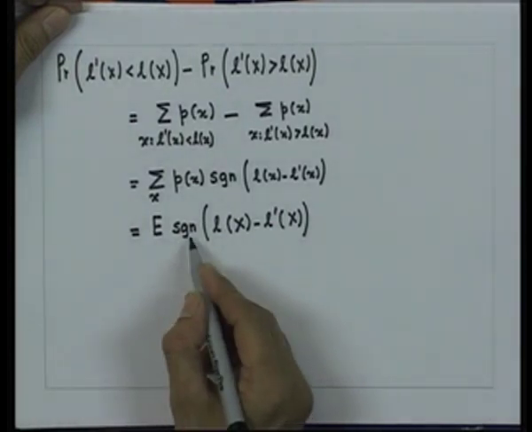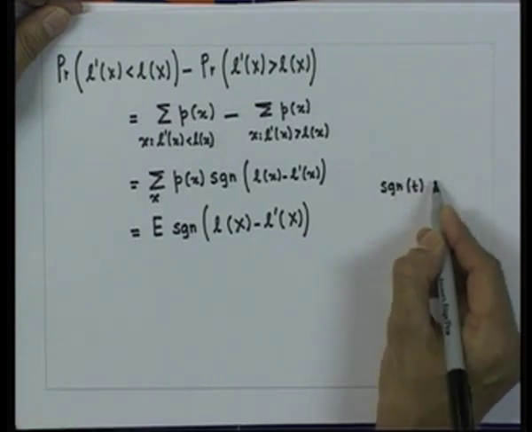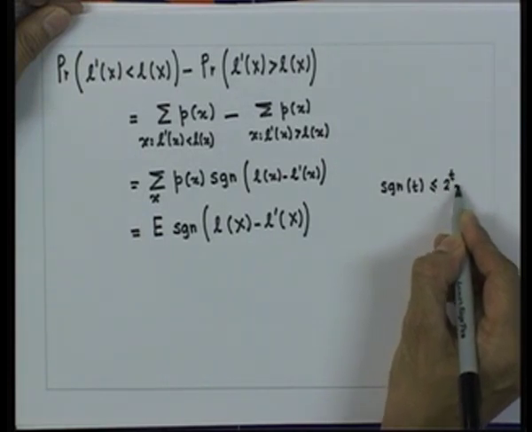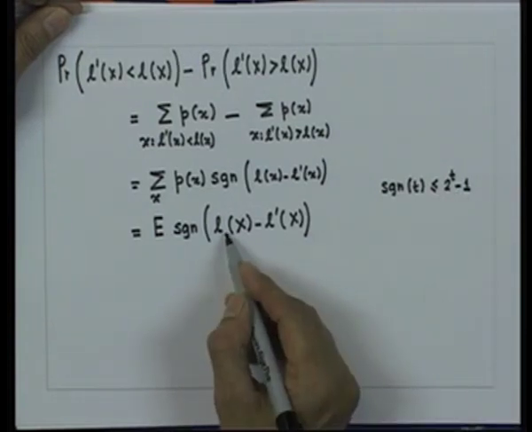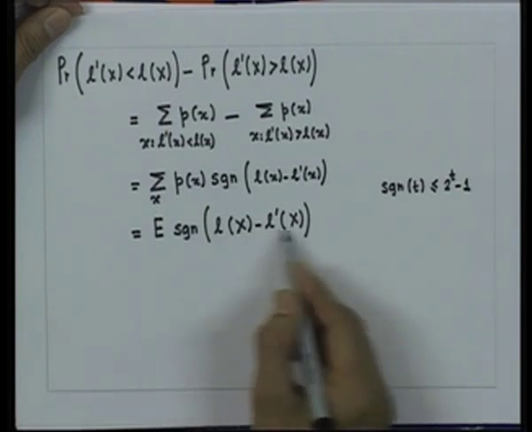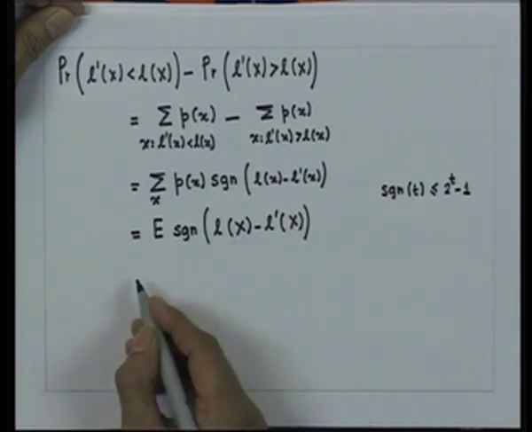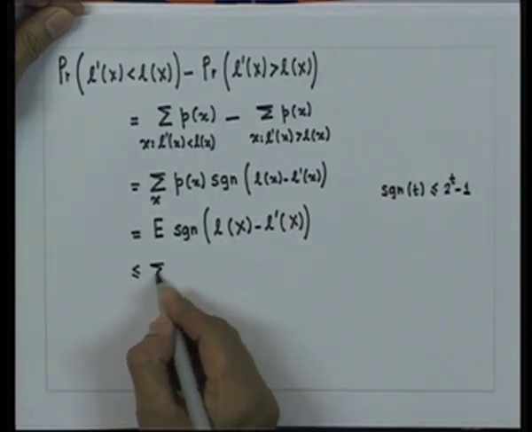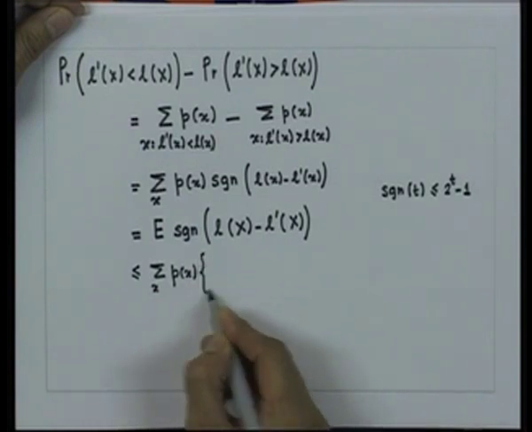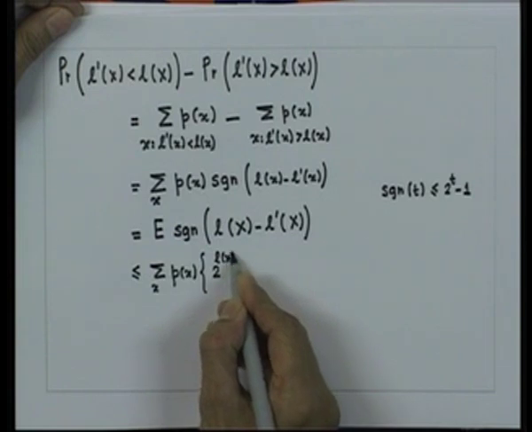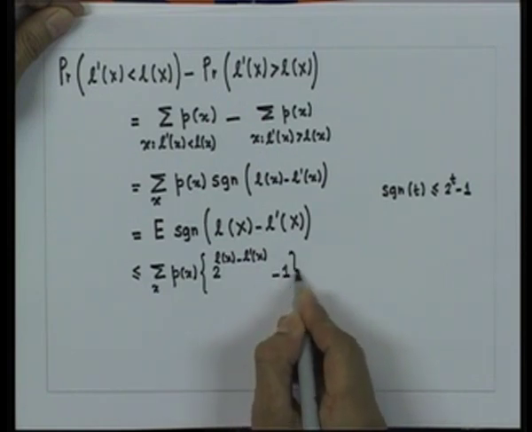Now, because we have seen that signum of t is always less than or equal to 2 raised to t minus 1 for t equal to 0, plus minus 1, plus minus 2, and since the difference between these two random variables is always an integer, we can use this relationship to write this as the summation over x of p(x) times 2 raised to L(x) minus L'(x) minus 1.